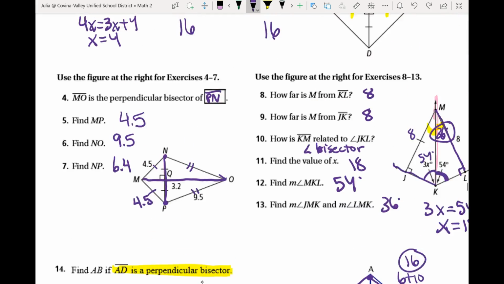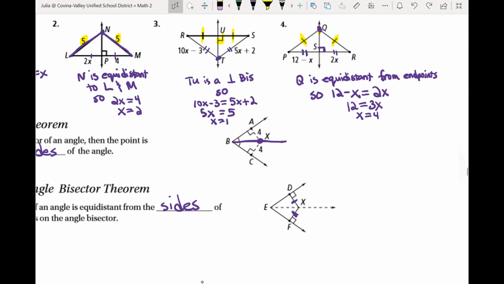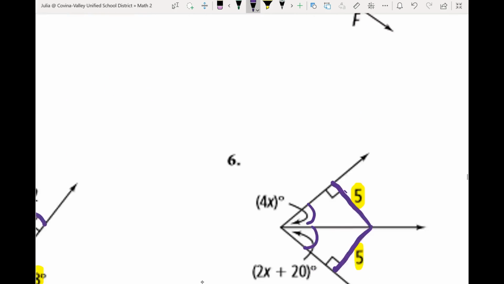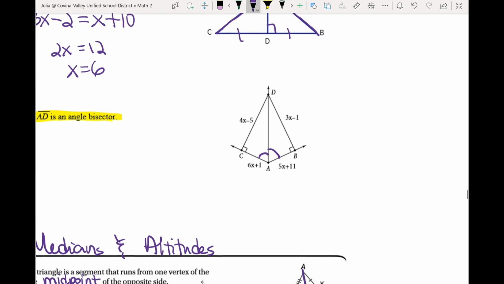So when you look back up at the rule, it's the side that's across from the angles that are equal to each other. When these two angles are cut in half, it goes across from them like that. It's the one that starts at that point that's on the bisector and goes to the sides. So when you look at the bottom one again, which two segments start at the point that's on the bisector? This segment is equal to that segment, okay? The rule doesn't say anything about these two segments right here.